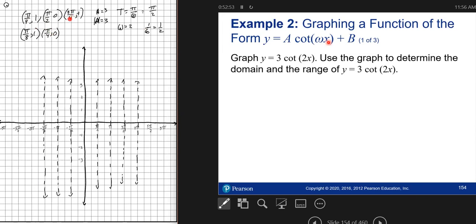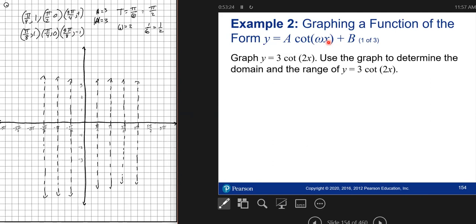And I multiply 3 pi over 4 by 1/2, and that gives me 3 pi over 8, -1. Okay, so I've taken care of the x values, so they'll fit my new period.